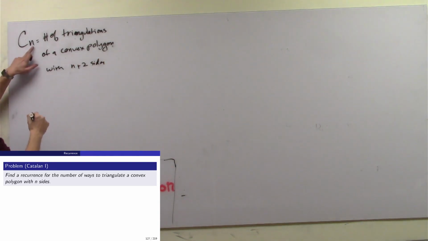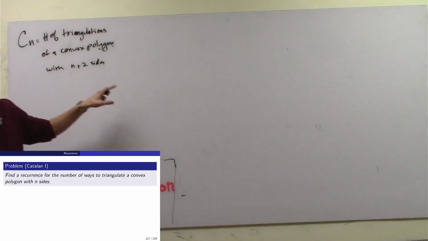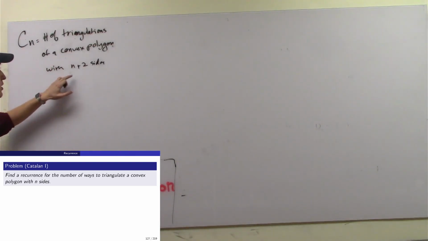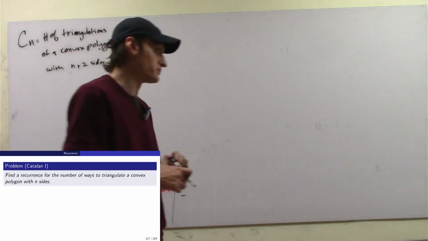So when n equals 1, we're looking at a triangle, which has 3 sides. When n equals 2, we're looking at a quadrilateral.